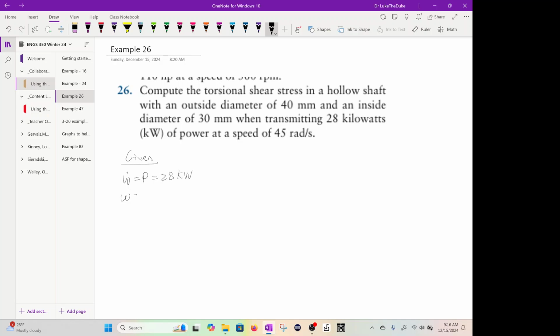We have omega, or N in this book, which is 45 radians per second. The inner diameter they call little d, 30 millimeters. And then the outside diameter they call D, which is 40 millimeters. We have a hollow shaft, so Zp is pi times D to the fourth minus little d to the fourth over 16 times D.